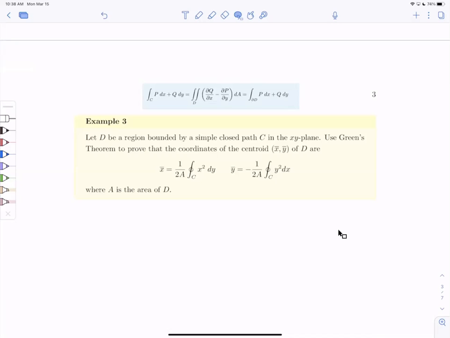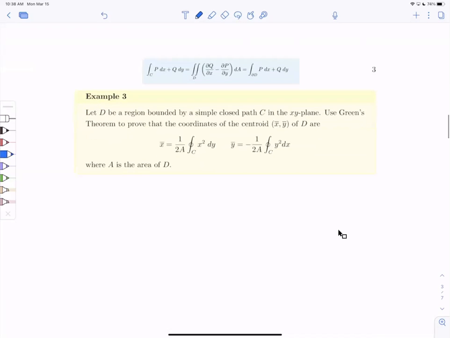Okay, let's do this one. Should be like 2 lines. Green's theorem: 1/(2A) times the line integral along C of x squared dy equals this. So this is basically this with your P equals 0.